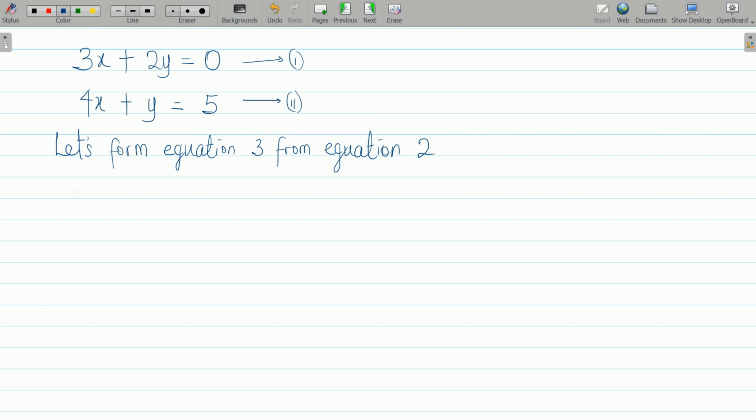So I will write out equation 2, which is 4x plus y equals 5. I will isolate y, then I will have y equals 5 minus 4x. This will be my equation 3.